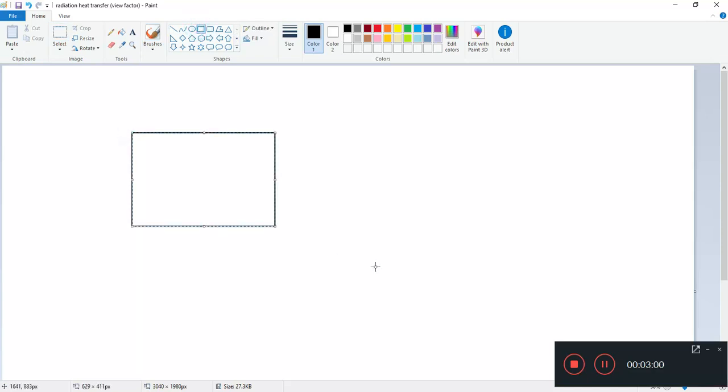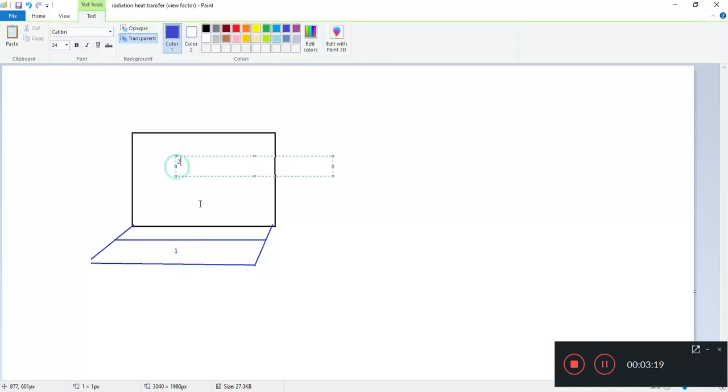So we have a typical problem here. We have two plates angled 90 degrees to each other. This is surface 1, surface 2, and this is surface 3.